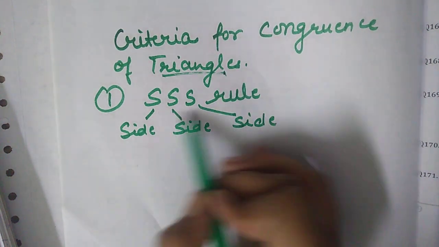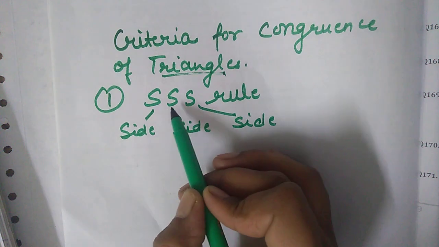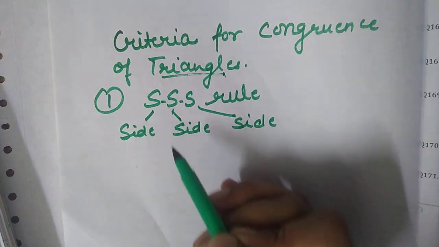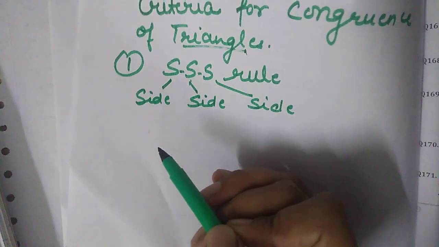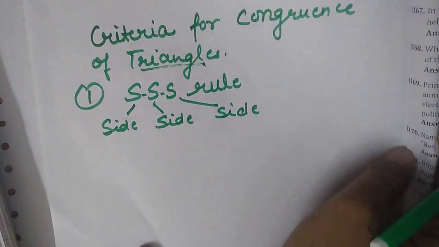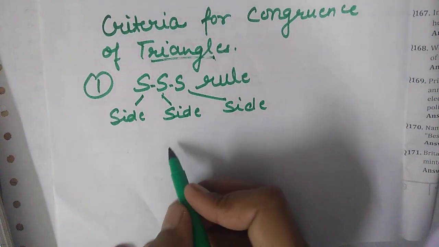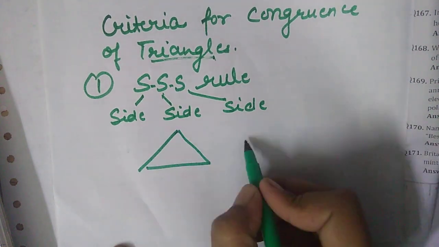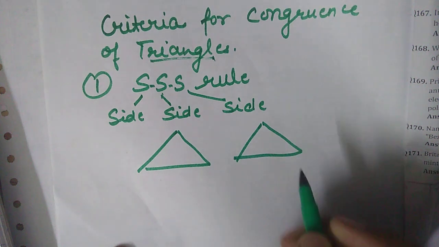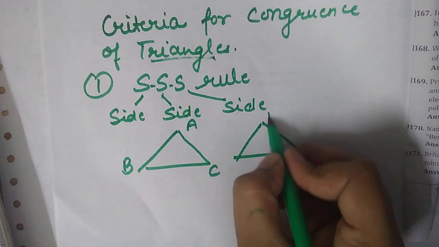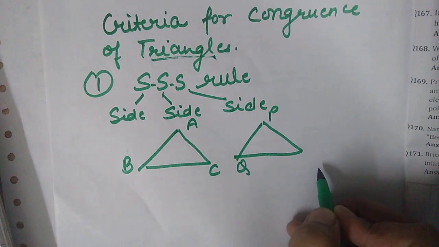Okay, so this is the first rule, that is SSS rule. All these 3 S stand for side. What does this mean? So in this, 2 triangles are congruent. Let us draw 2 triangles. Suppose these are the 2 triangles. Let it be A, B, C, and this is P, Q, R.